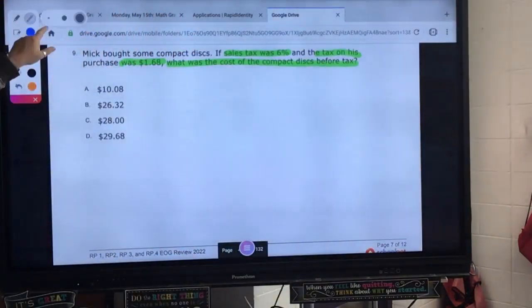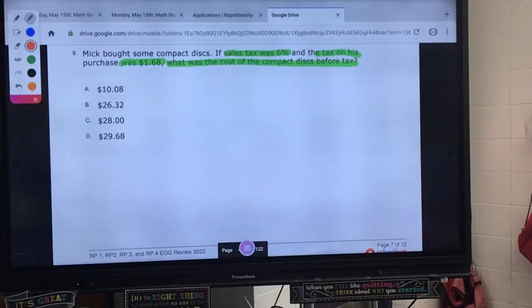Okay. Now, I'm going to be honest with you. To me, this question is not a very nice question. And the way I solved it is probably really backwards and doesn't make a lot of sense. But I used my answer choices. I took $10.08 and multiplied it by 6% and saw if it gave me $1.68.